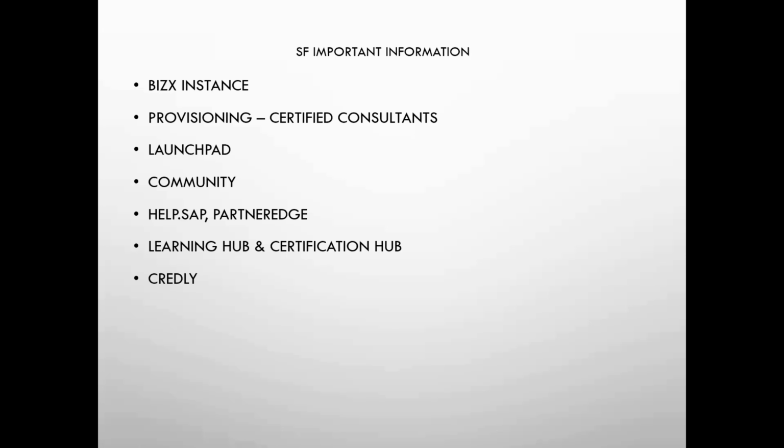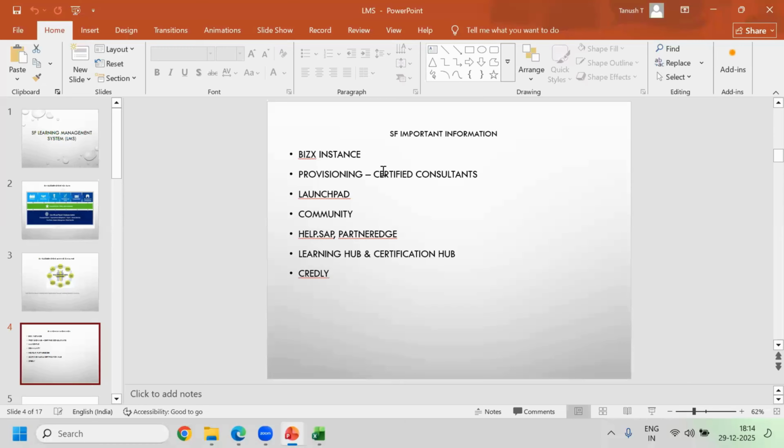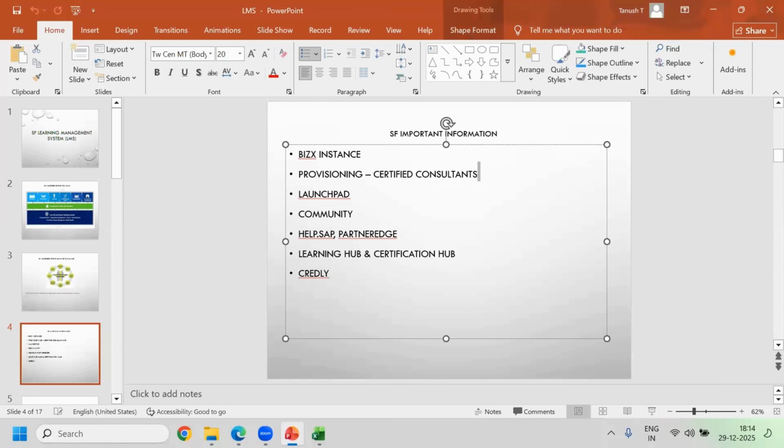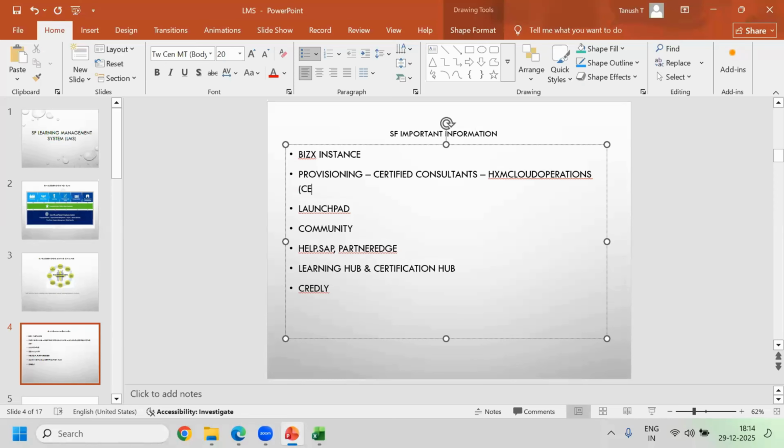There you need your certification PDF and the approval email from the client. Once you raise a request, sometimes within 1 hour you will get the provisioning access. Sometimes it takes 1 or 2 days by SAP.